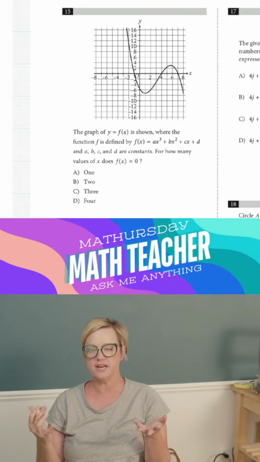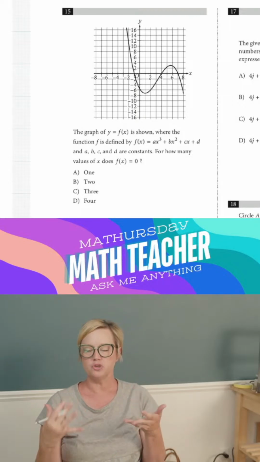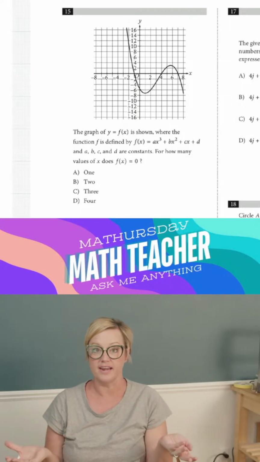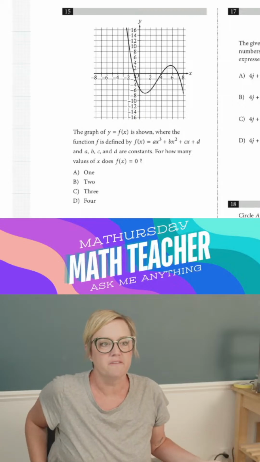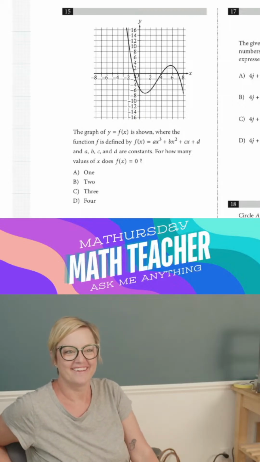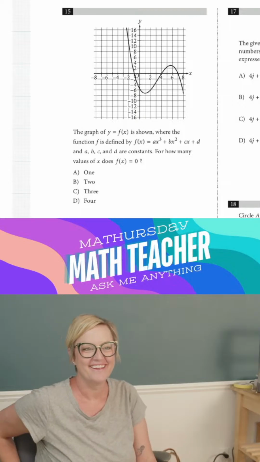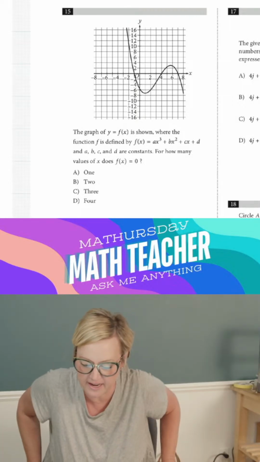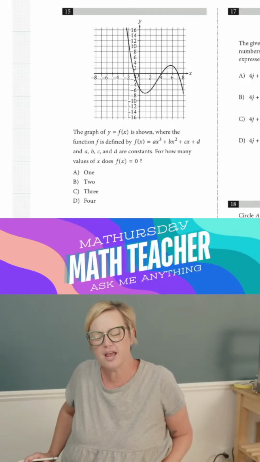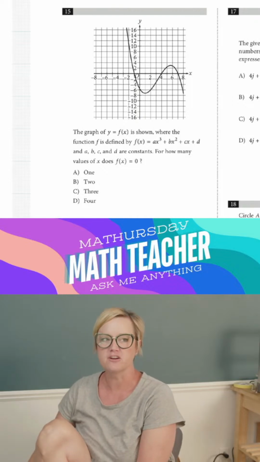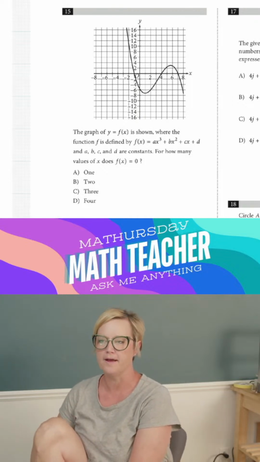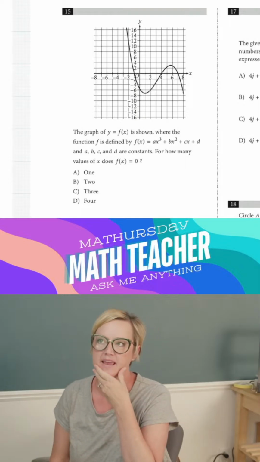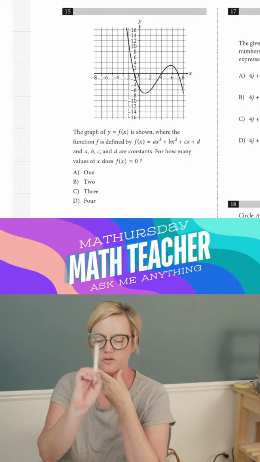An equation is where you've got two quantities that are equal to each other, so you've got an equal sign, right? A function has a few different ways to check.